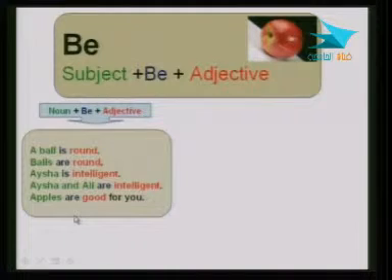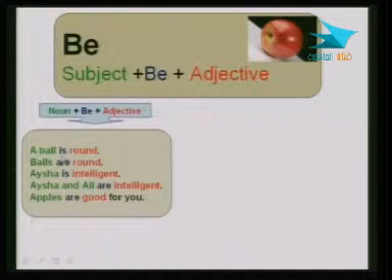Now, the question is, why do we use is here and are here? Well, if we look at the subject, we notice that in the first sentence it is singular, so we have to have a verb be in singular form.